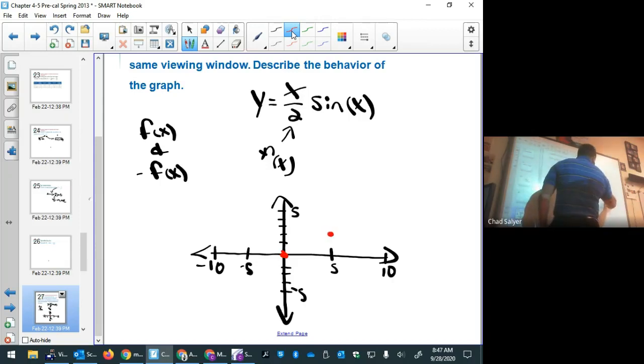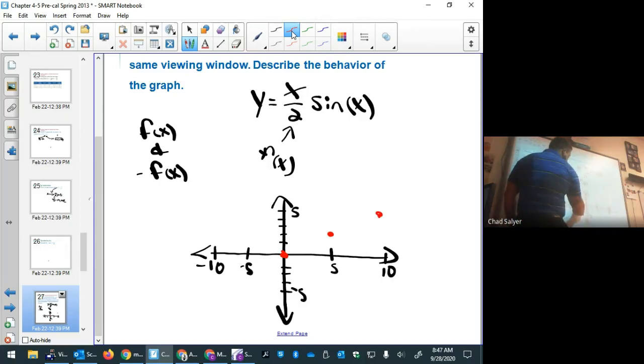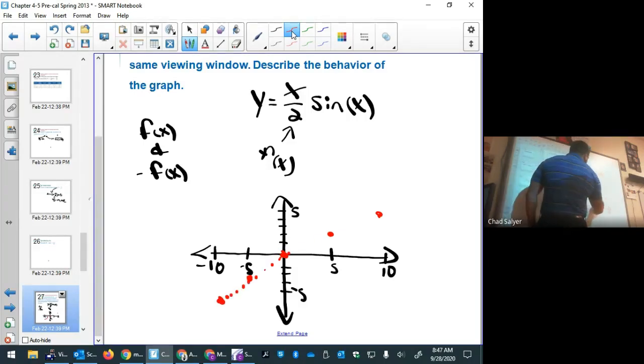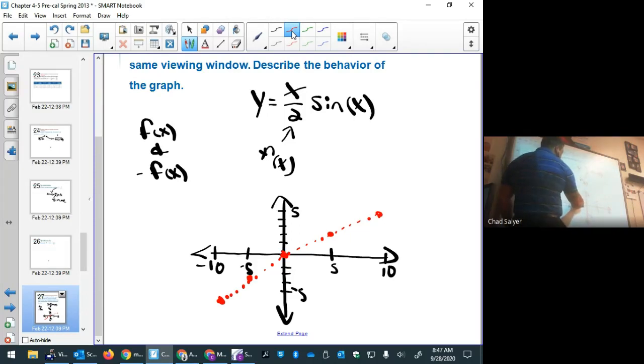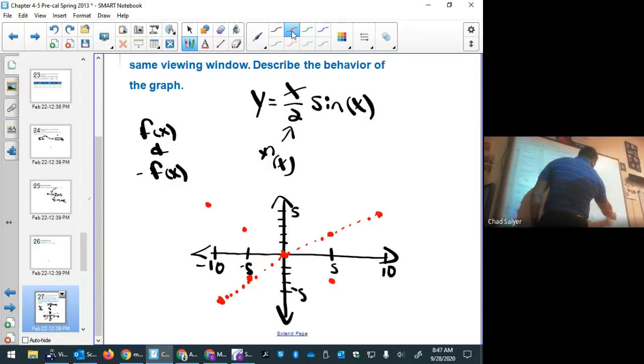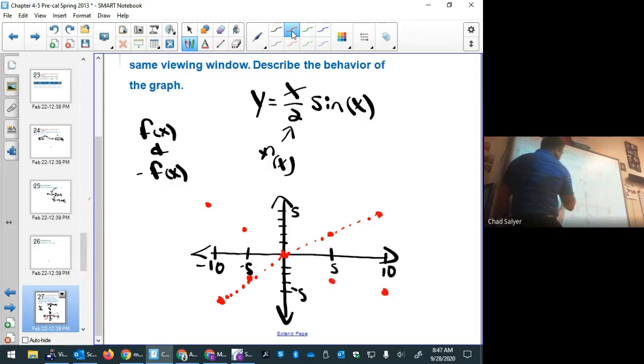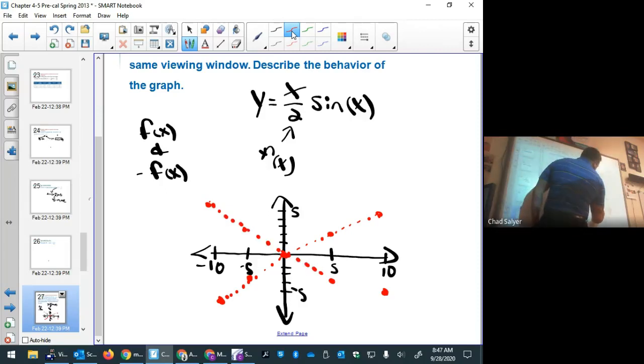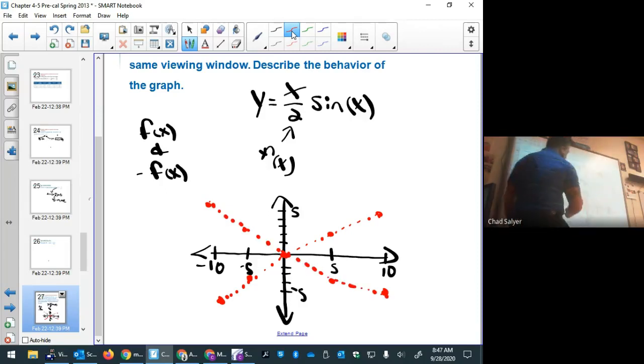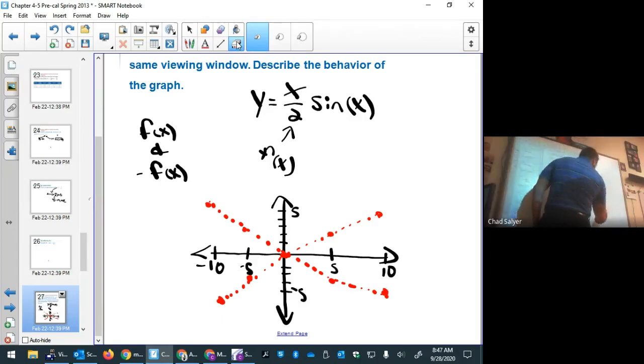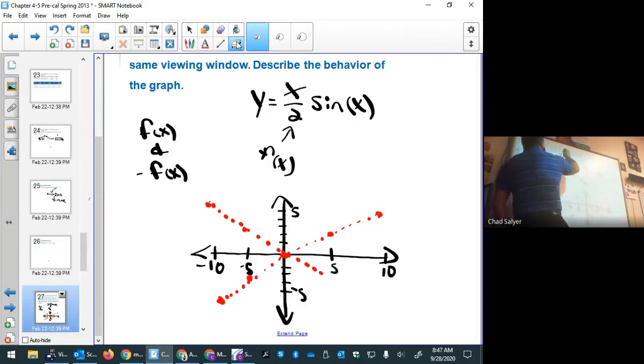Over 10 up 5. Back 5 down 2.5. Back 10 down 5. There's f of x. And then the negative f of x is just going to have the opposite slope. So we dot them in here. A little irregular there. Let me fix that. Asymmetry.